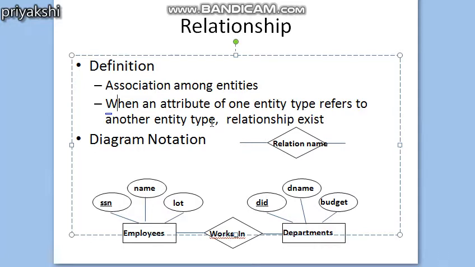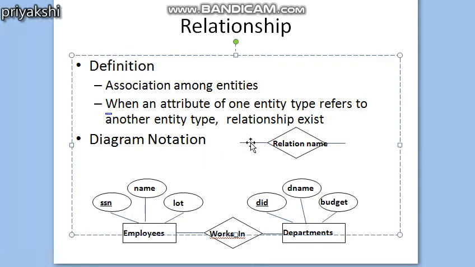So what do you mean by this? For a relationship to exist between two entities, one attribute of one entity type should refer to the other entity type. Otherwise no relationship will exist. If there is no relationship, then no attribute of one entity will refer to the other entity type, okay?